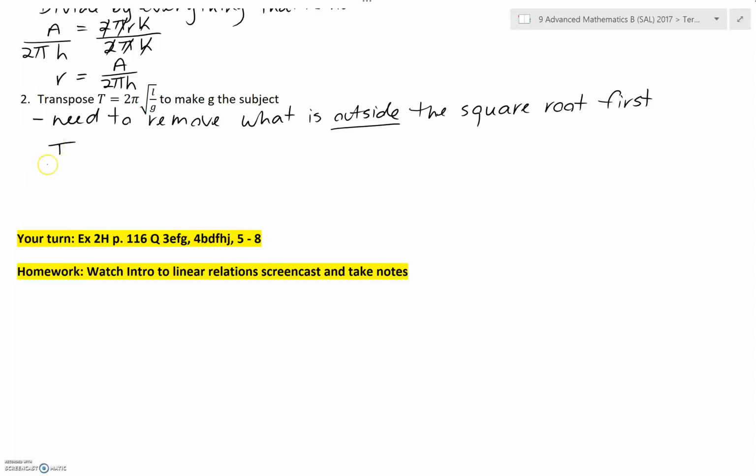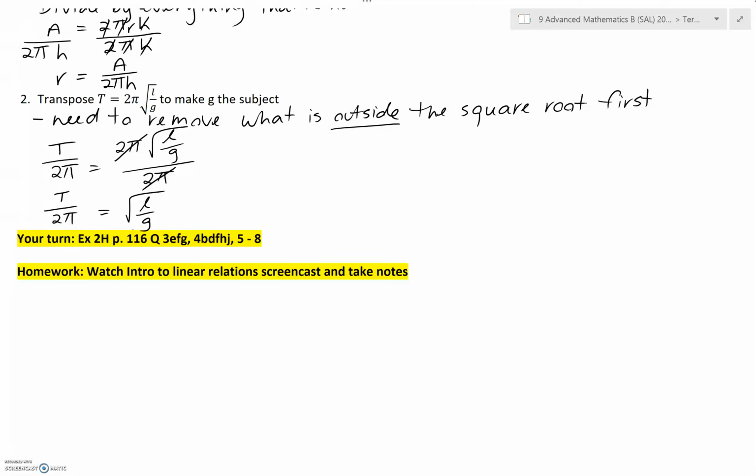So T over 2 pi equals 2 pi square root, and I'm going to use the curly L to hopefully make it clear, divided by 2 pi. They will cancel on this side, so let's write what we've got left. We've got T divided by 2 pi equals the square root of L over G. So that's what we've got here.